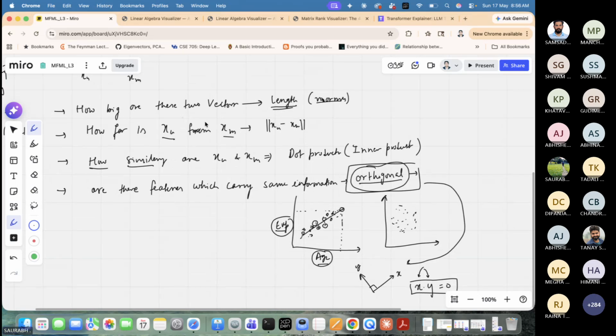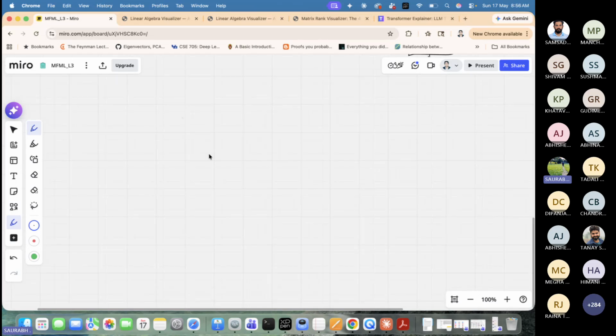Now, how big are these vectors? Let's say the length of it. If you have a vector, let's say x equals 3, 4, and you have to find the length of this vector, the simple idea, which you already know, is derived from the Pythagoras theorem, the Euclidean norm of the space that you have. So let's say this is 3 and this is 4. Your vector would be here.